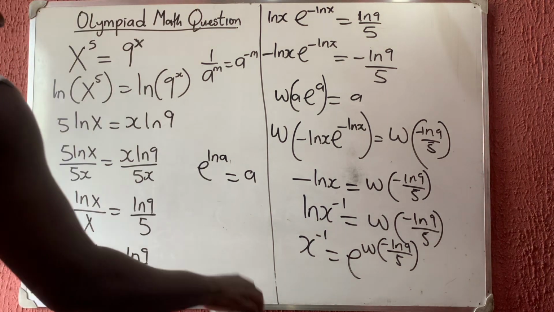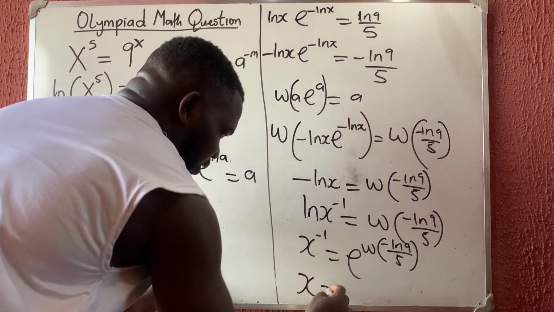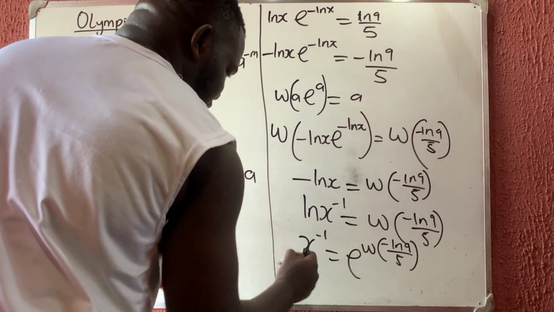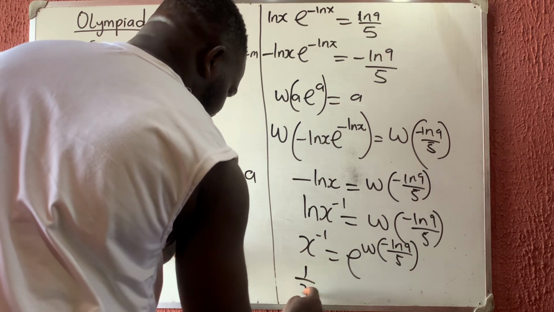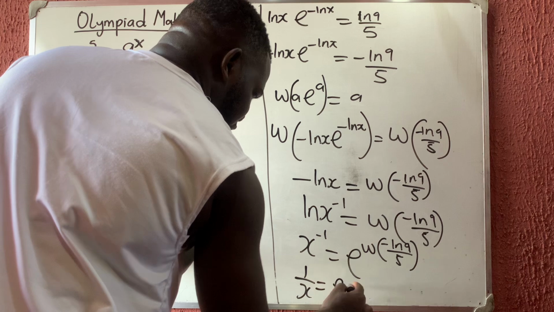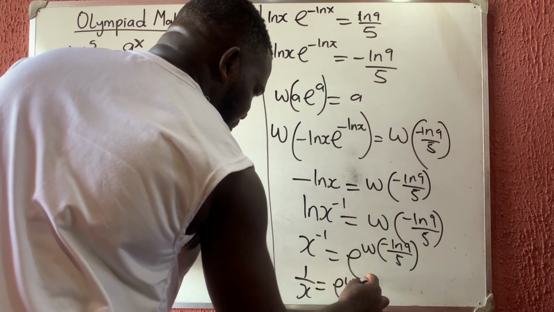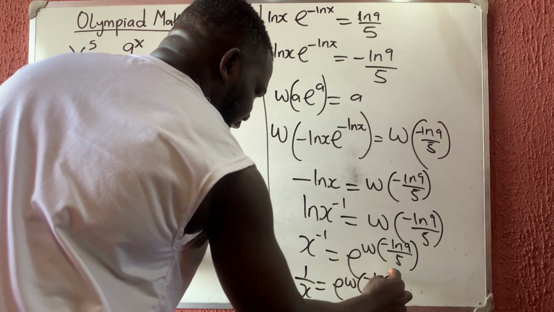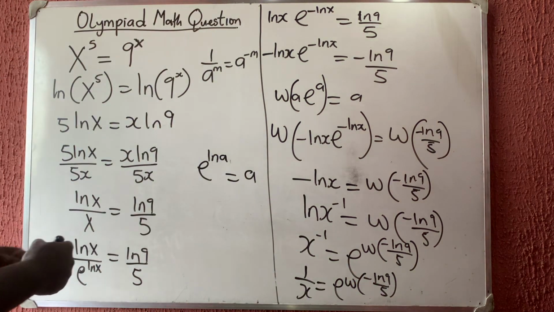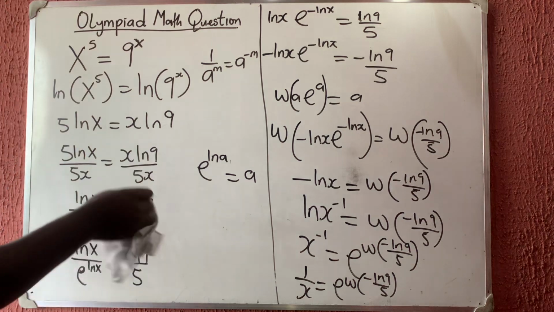So finally, this thing means 1 over x. 1 over x is equal to e raised to power Lambert W function of negative ln 9 over 5. Any method, the other one is equally correct, and you get the same answer.